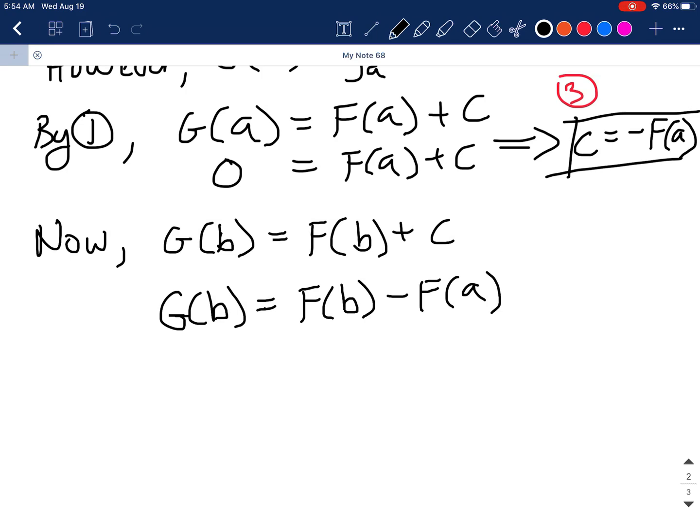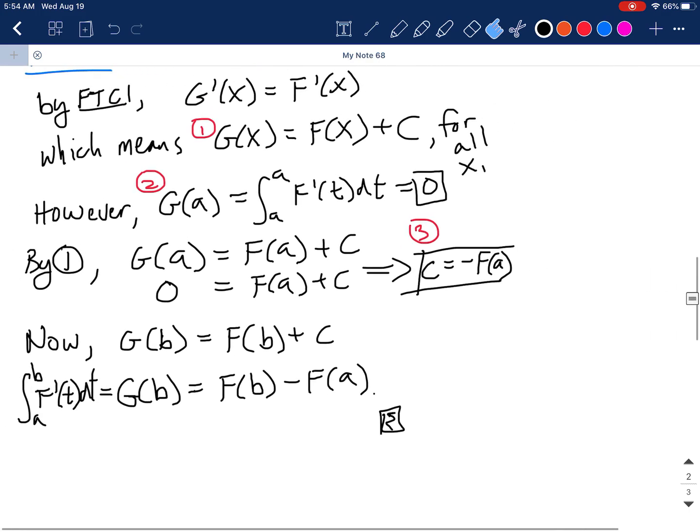But F of b minus F of a, right, that's what we were looking for, is g of b. And note g is the integral from a to b of F prime of t dt. And we're done.